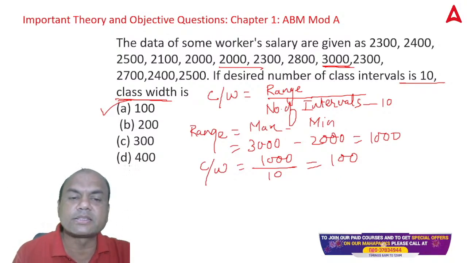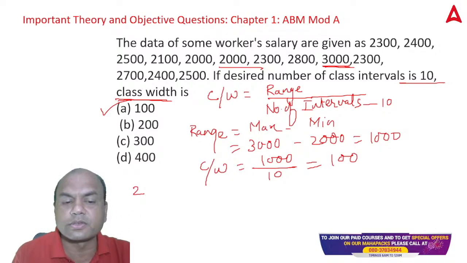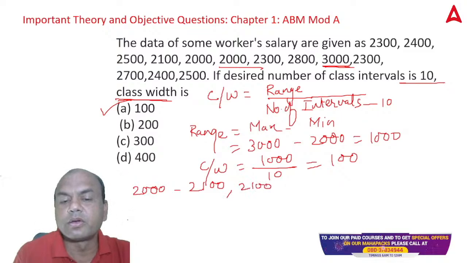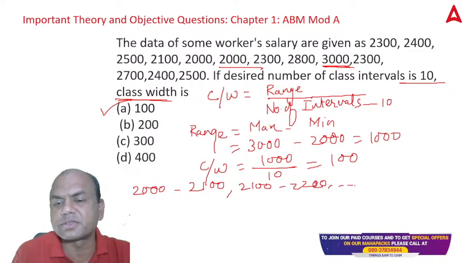It means when I start arranging these numbers, I'll arrange them like this: 2000 to 2100, the lowest number, and then go on adding 100. Then 2100 to 2200, and so on, up to the last number, 3000.